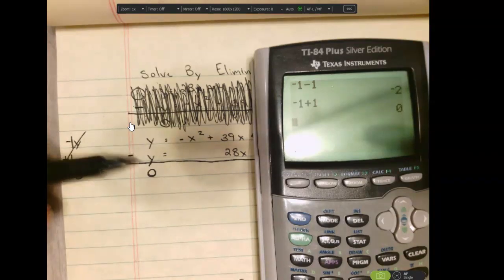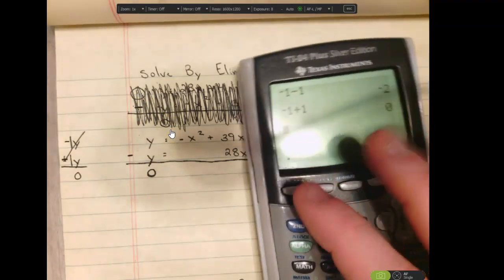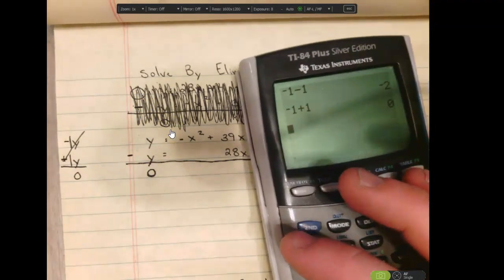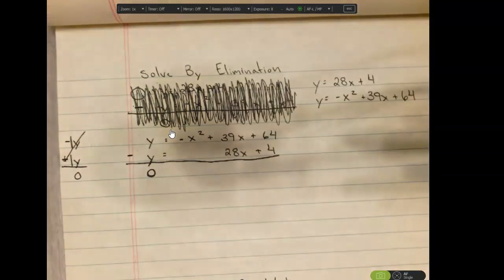So my goal, guys, is to get these to cancel. It doesn't matter if that coefficient, one's positive, one's negative. I just need them to be the same number. So 1, negative 1, 1, 1, negative 1, negative 1. So I want them to be the same. It could be negative 5,000 and 5,000, but I just need them to be the same. Let's go on, let's continue on with this problem.